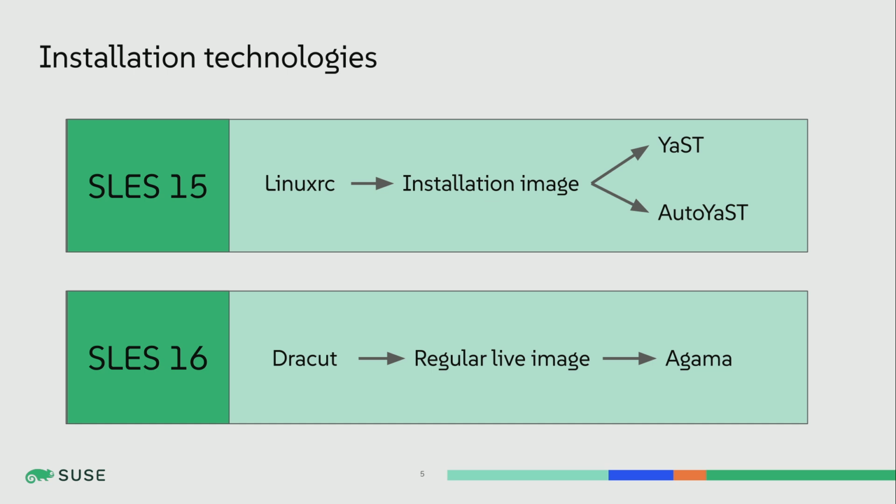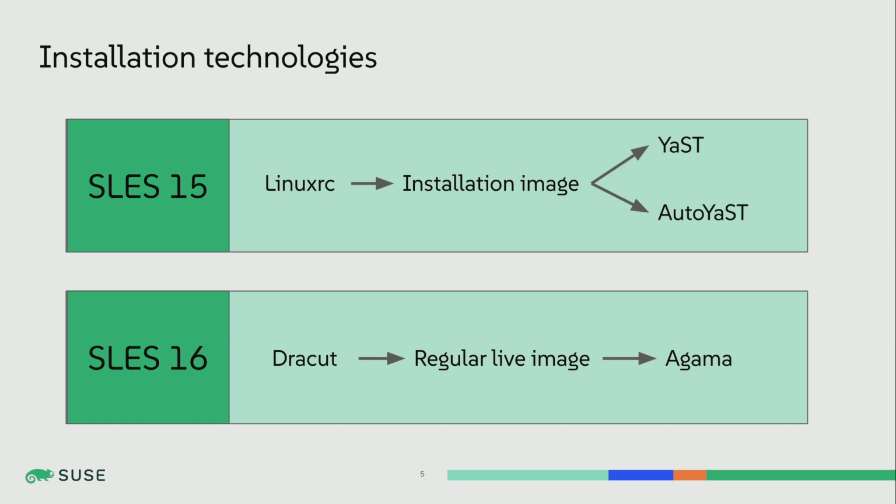And to boot that mini Linux that you then use to run YaST, there is a small component called LinuxRC that you may be aware of or not, but you have likely used it when you are, for example, booting the installation media and providing some boot parameters for things like pre-configuring the network or activating some mainframe devices and so on. It's actually LinuxRC that takes care of those parameters and then boots the system and hands over to YaST.